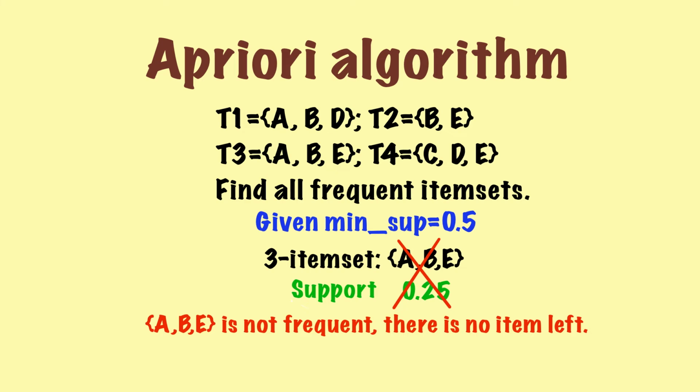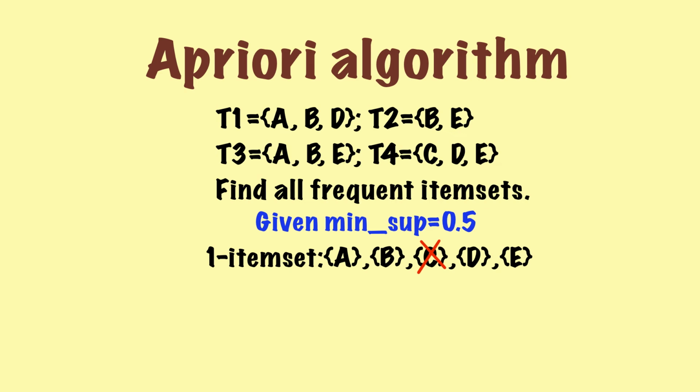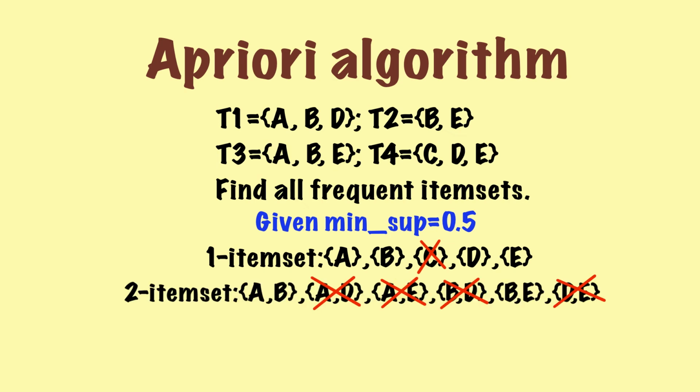In fact, even if A, B, E is a frequent item set, we can stop our calculation here because we don't have enough items left to make a bigger item set. To recap, we start with one item sets and we cross out the non-frequent item sets. Then, we combine the one item sets to form two item sets.